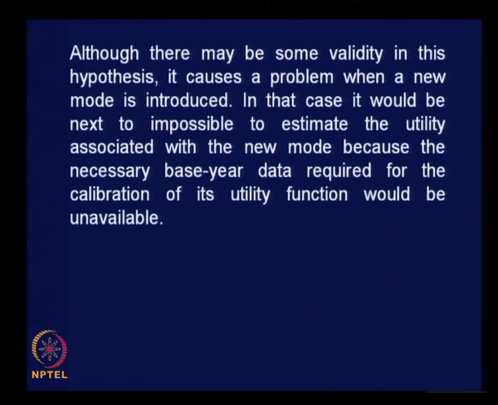Therefore, this difficulty is inbuilt in the process of mode choice that we have just now seen. When we have independent utility functions for each of the modes, introducing new mode in the future might create problem, because we will not be able to calibrate utility function for the new mode, right. And how to solve this problem?